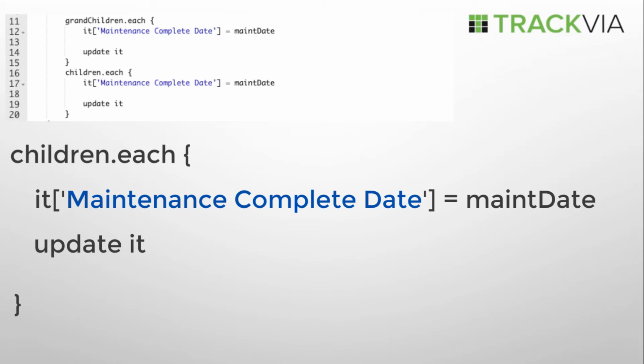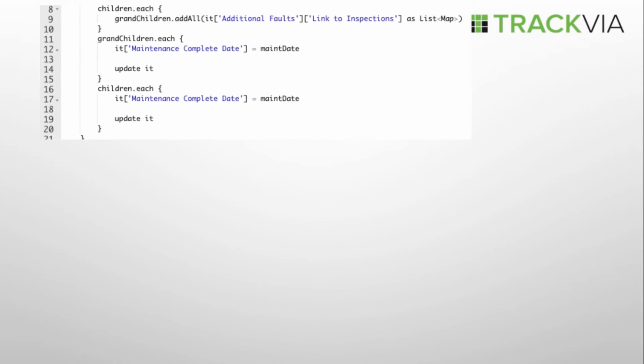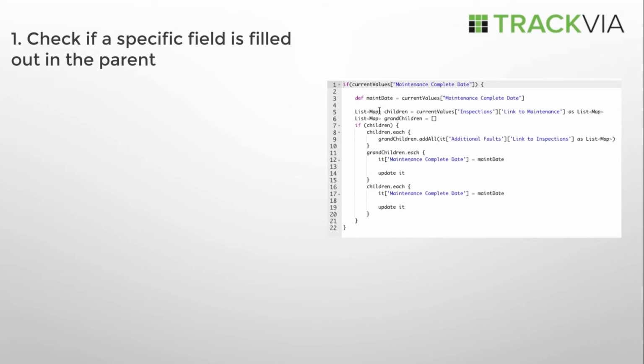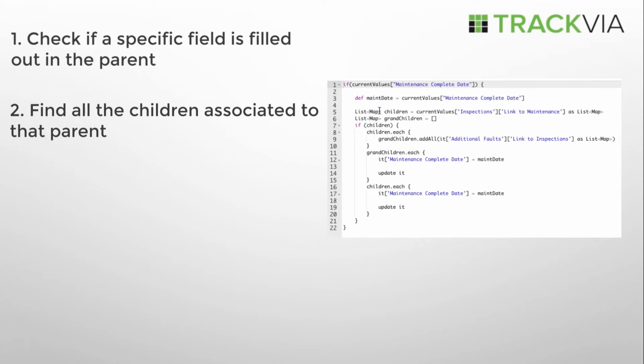Once we've done that, we've written the full script. So one, check if a specific field is filled out in the parent, and make sure that if it is, we go ahead and define the maintenance date. Find all the children associated to that parent. In our case, it was maintenance. Go find all of the associated inspections to that maintenance.